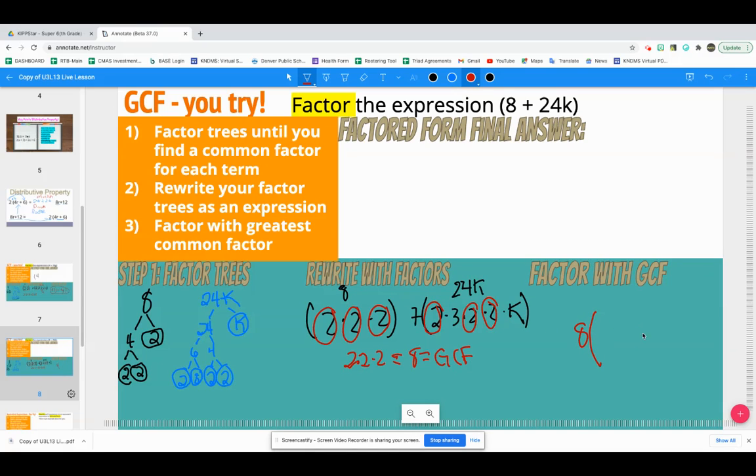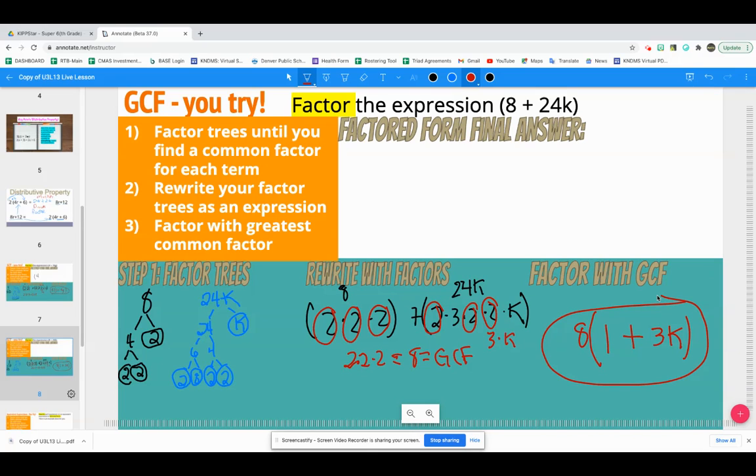Then I'm going to rewrite everything that's left inside my factored expression. I know that 8 times 1 will give me 8. Remember, there's nothing here. I circled all my factors for 8, so that means 1's going to be left in my parentheses. Keep the plus sign. All I'm left with here is 3 times k, which we know is 3k. And here is my factored out expression.